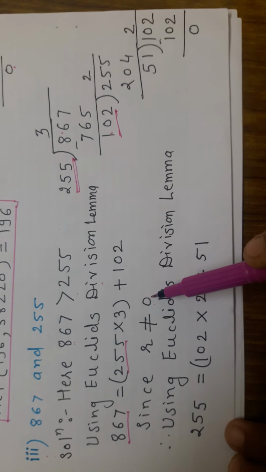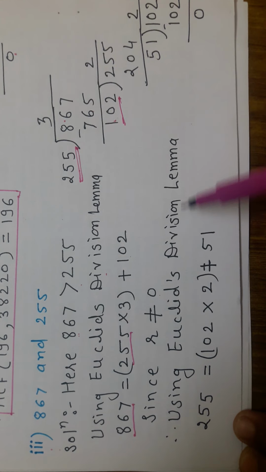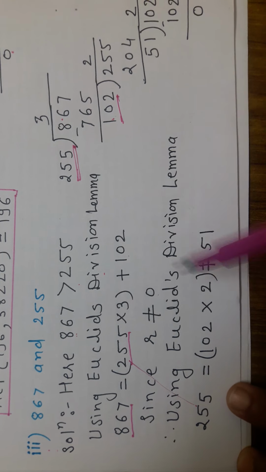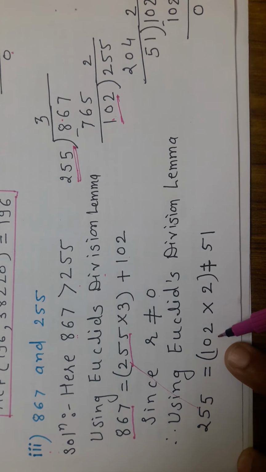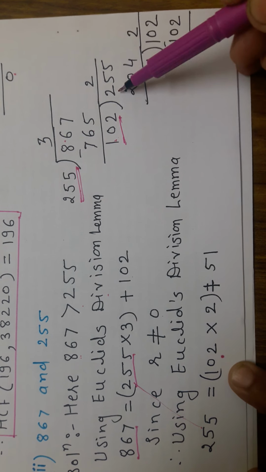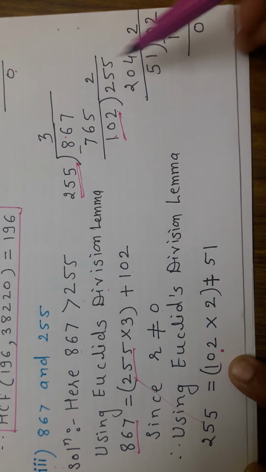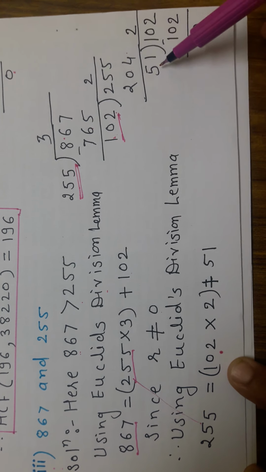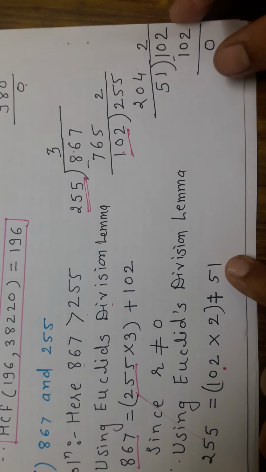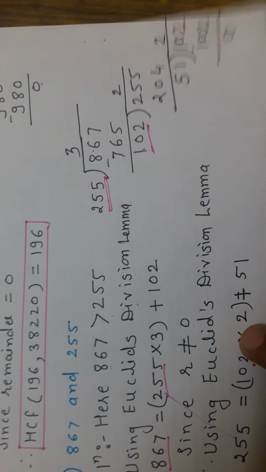Since r is not equal to 0, means the remainder is not equal to 0, using Euclid's division lemma, 255 will become the dividend, 102 will become the divisor. Next step, we are going to divide 255 by 102, 2s are 204. We got the remainder 51. Here the remainder is 51, means it is not 0.